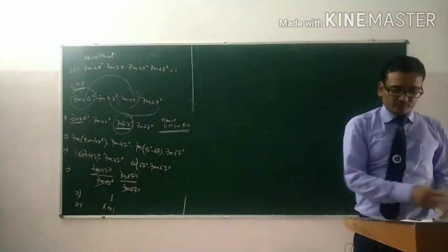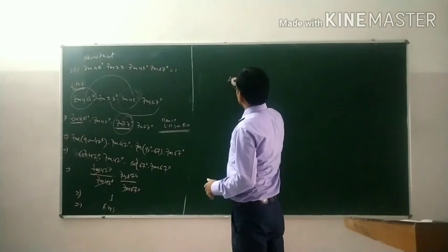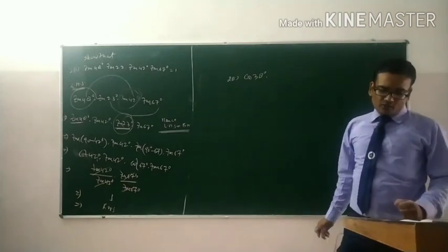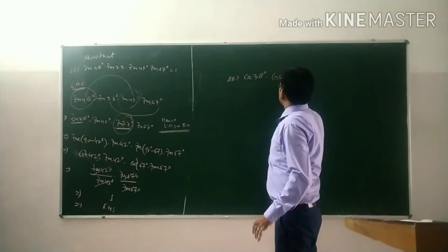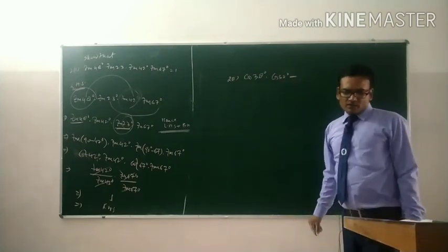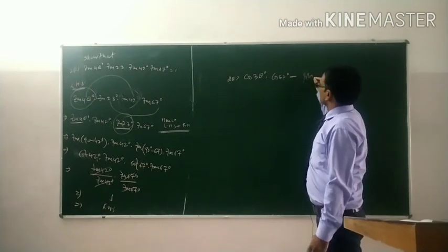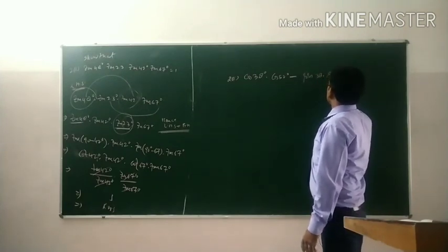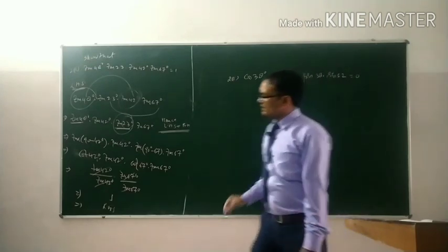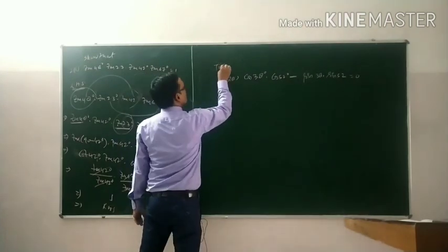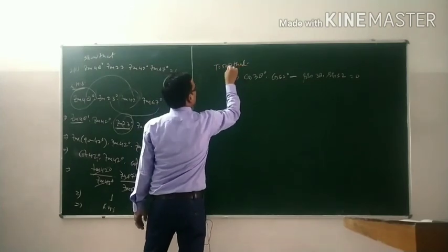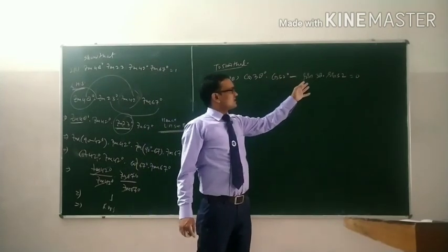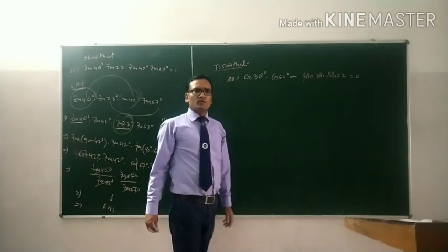Second part of this question: show that cos 38 into cos 52 minus sin 38 into sin 52 equals 0.